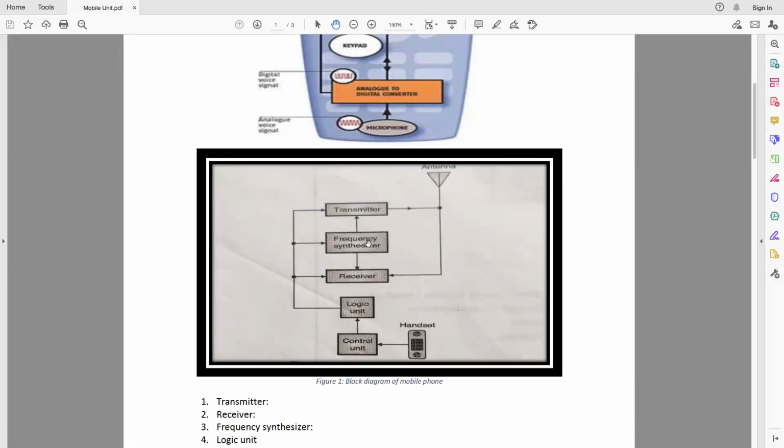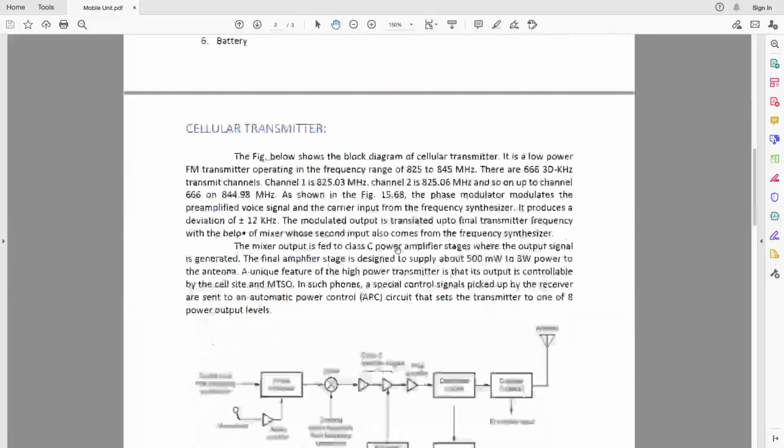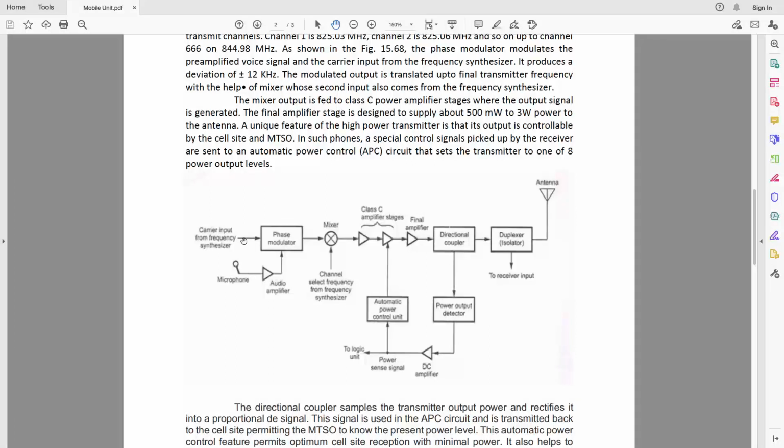The frequency synthesizer is responsible for generating different types of frequencies which are required for the smooth working of the transmitter and receiver. That's why the signal from the frequency synthesizer is used as a carrier signal, and the signal from the microphone is used as a baseband signal. Both these signals are modulated in this block, which is a phase modulator, meaning the modulation is in the form of phase modulation.